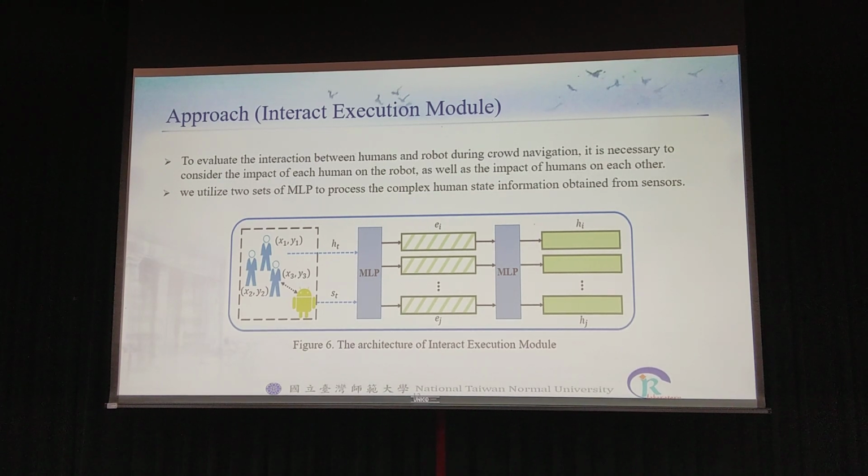In this picture, when a human passes by, the robot receives the state through the first MLP to obtain a fixed-length feature. And the output is taken as the input of the second MLP. Finally, the interaction features between the robot and each human can be obtained.